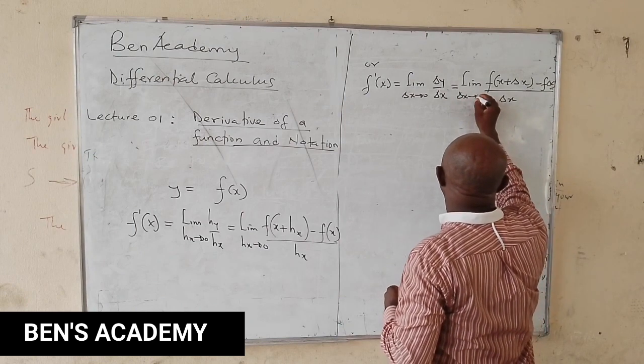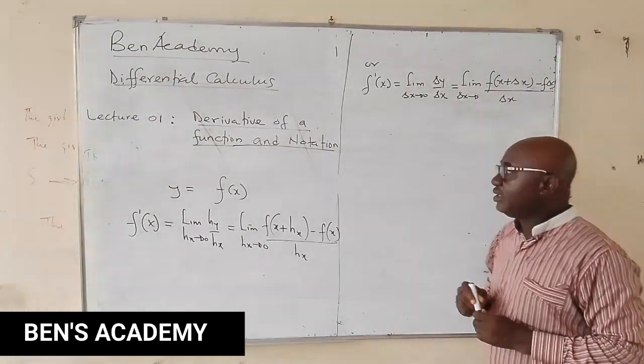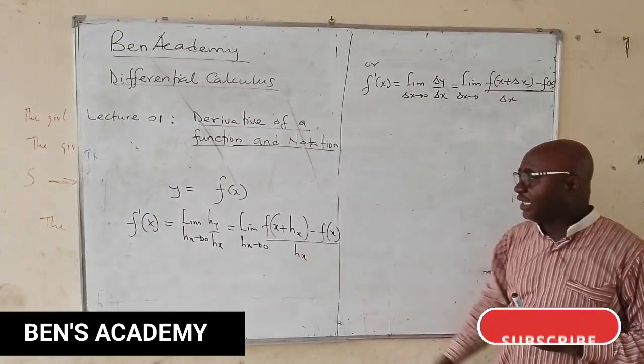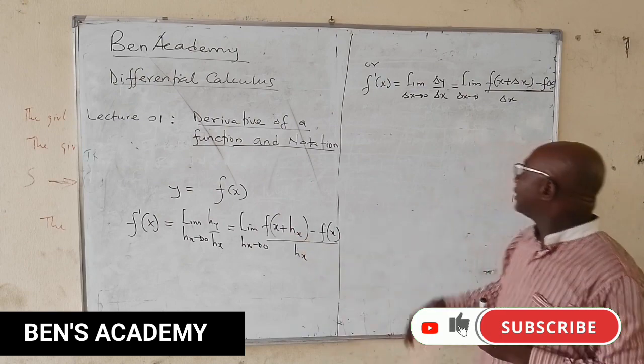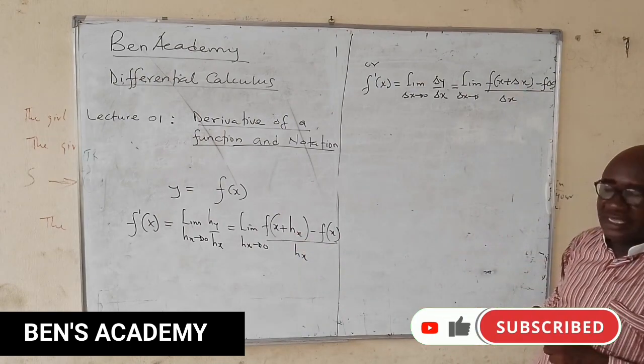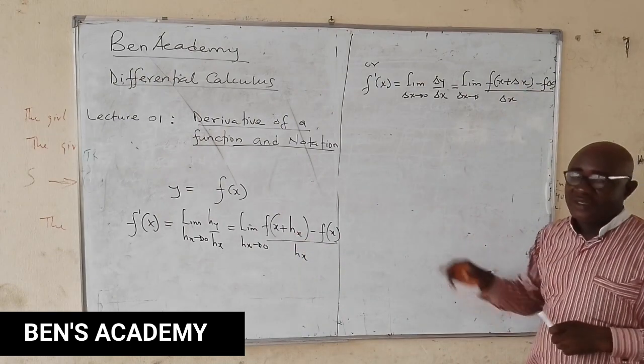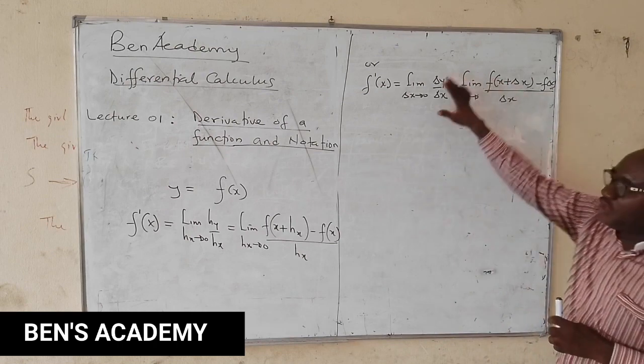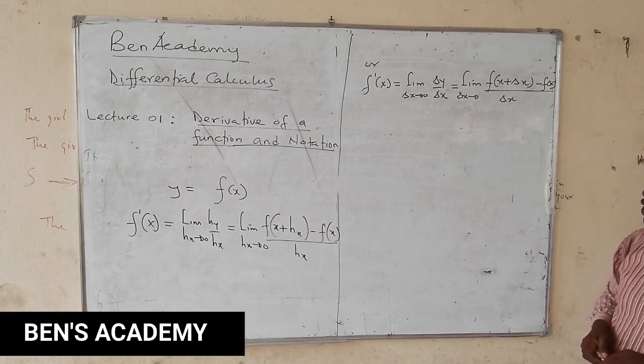So this notation is the same as the other notation, just as we have replaced h of x by delta x anywhere we have delta x. So this is precisely the definition of the derivative of a function.